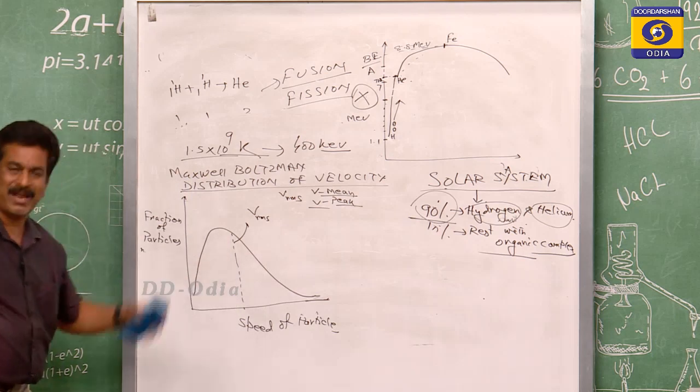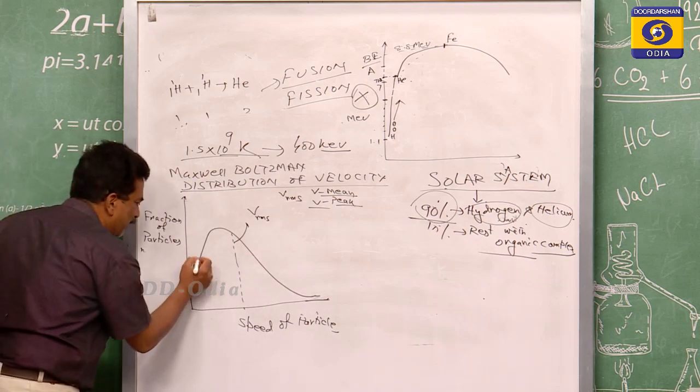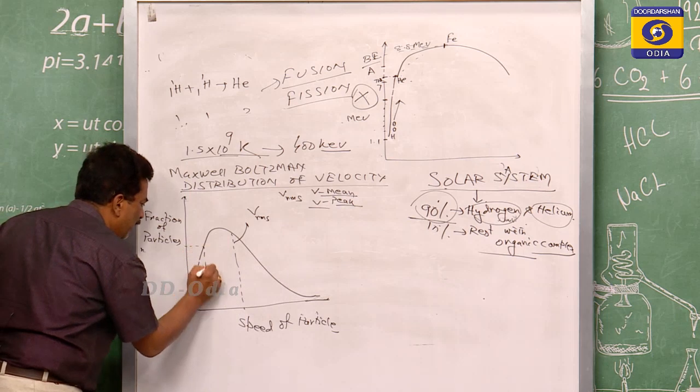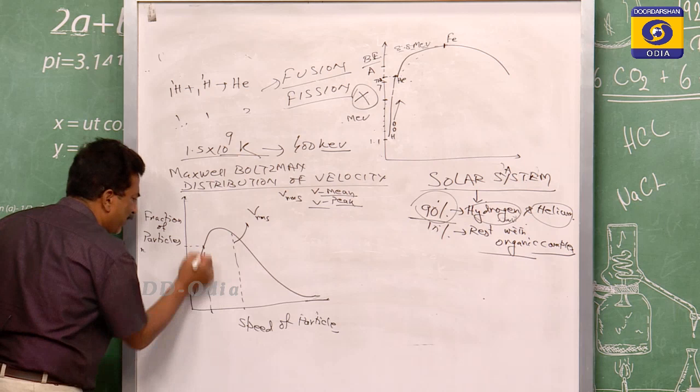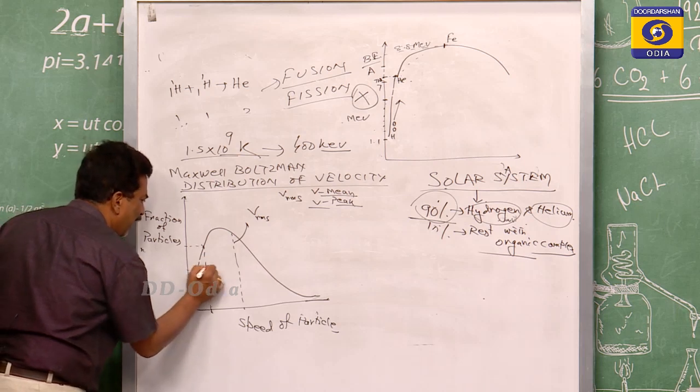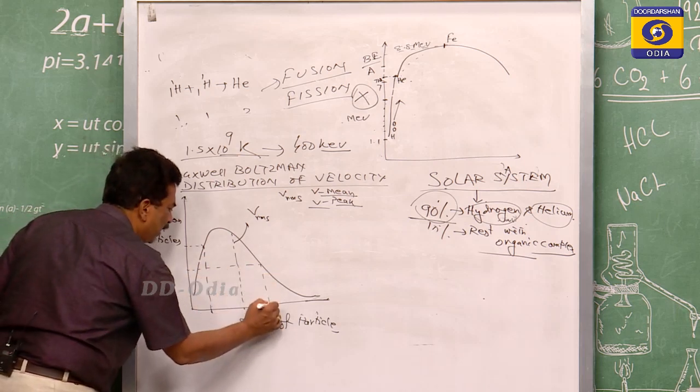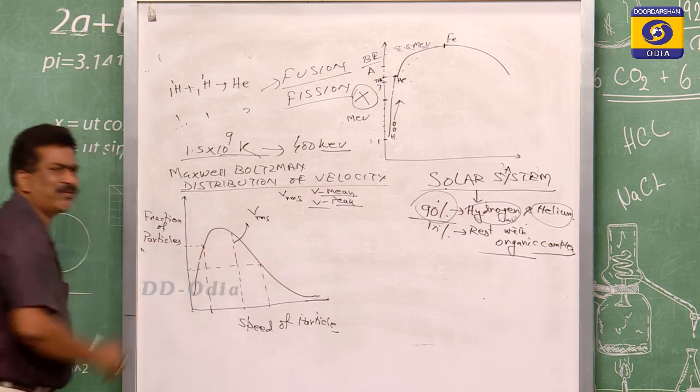If this is the RMS velocity, then suppose this is the fraction and this is the speed.